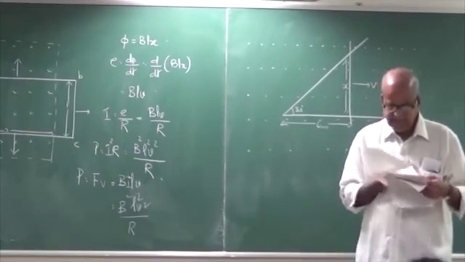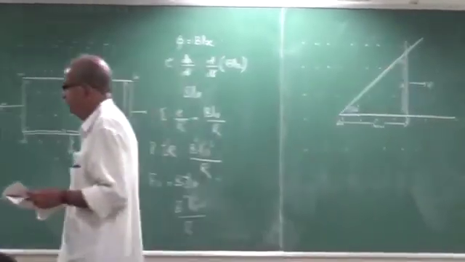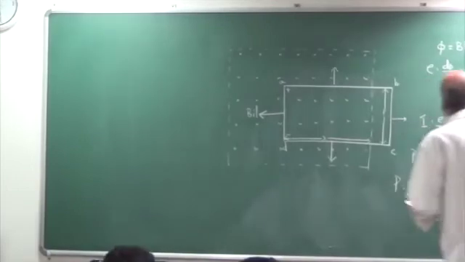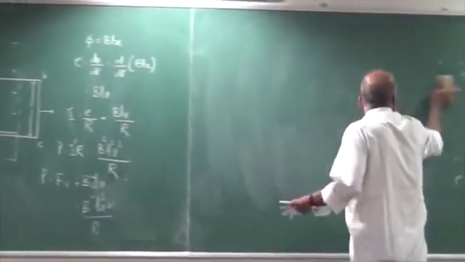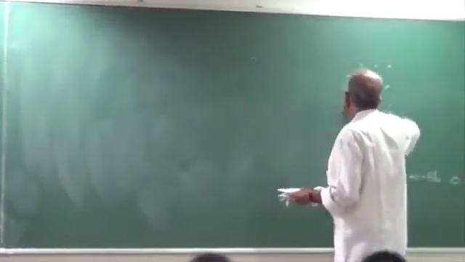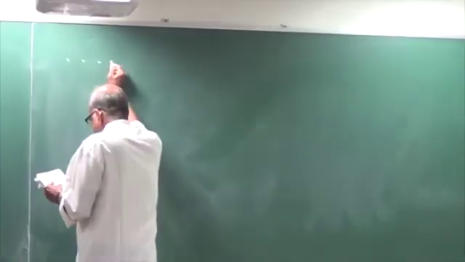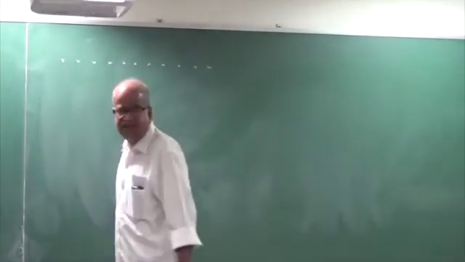Take a problem. Find the EMF induced in a straight conductor rotating with a uniform angular velocity omega in a uniform magnetic field B. This is a magnetic field applied perpendicular to the plane of the board.